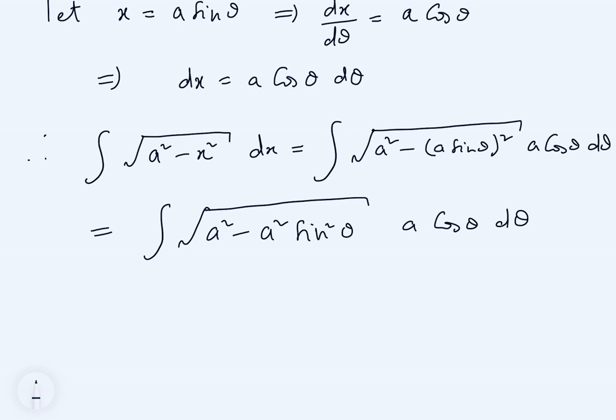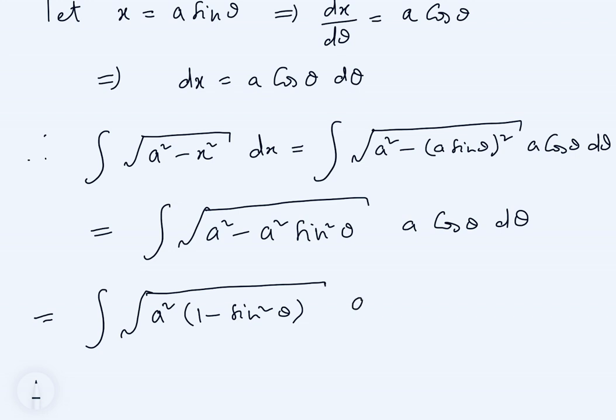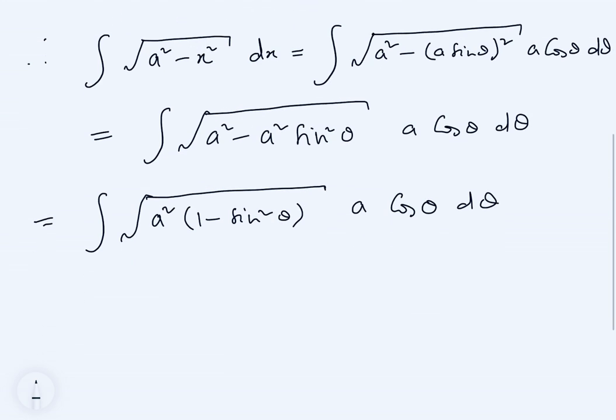So now we can factor out this a squared, because it's a common factor. So now we have the integral of the square root, and we factor out the a squared. And inside the bracket, we've got 1 minus sine squared theta. Close the bracket. That is all under the square root sign. And we still have that a cos theta d theta over here.